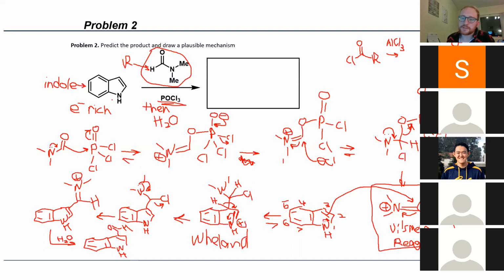One is a ring synthesis and the other is a formylation reaction. They have similar mechanistic steps, but the products they make are quite different. Any other questions on this? As we work on the next problem, I'll bring a picture of the Bischler-Napieralski reaction to make clear what I'm talking about.